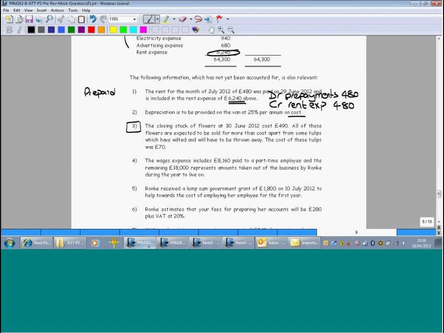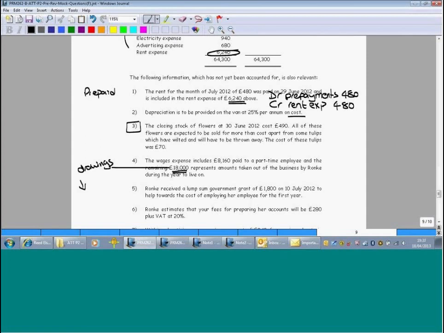You've then got to deal with wages expense for an employee. That's just going to increase your wages expense, and it's outstanding at the year end, so it's an accrual. This figure here for Ronke represents drawings. At the moment, wages expense includes £18,000 for Ronke as drawings, and it needs to be taken out of the wages expense.